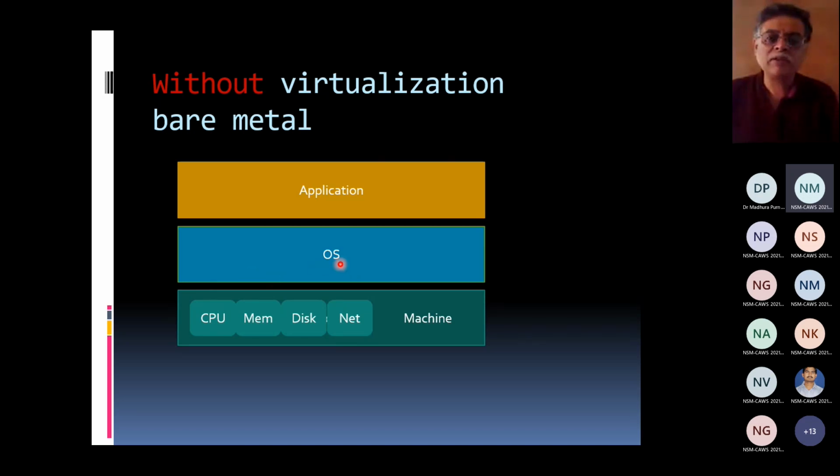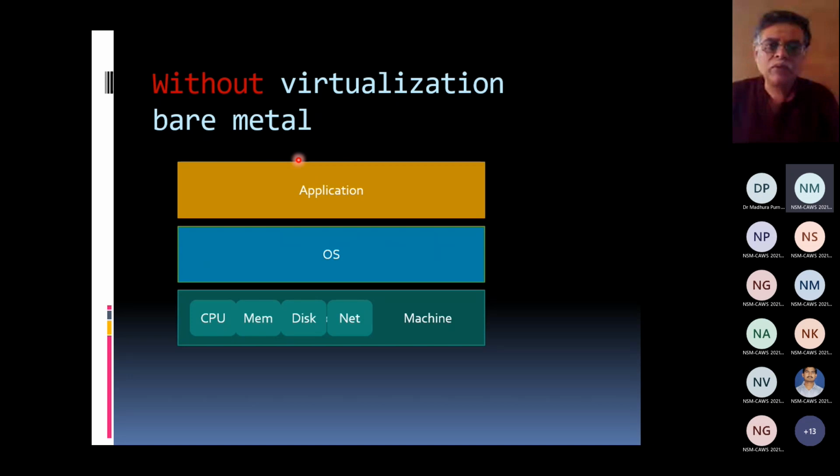You run an application on top of the OS, which means that every time you want to do some IO, you make a request to the OS, and the OS will make a request to, let's say, the disk or the network to do the IO. If you want to allocate more memory, you again go to the OS, which controls how the memory is allocated. So this is how things work without virtualization in a bare metal environment.